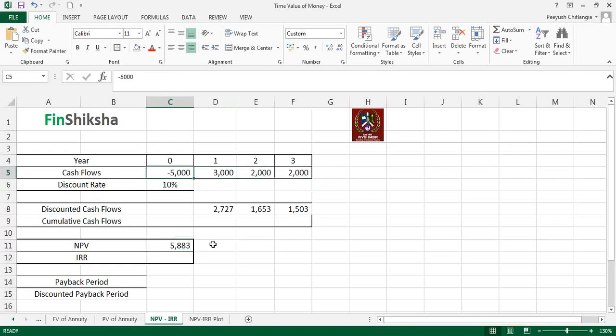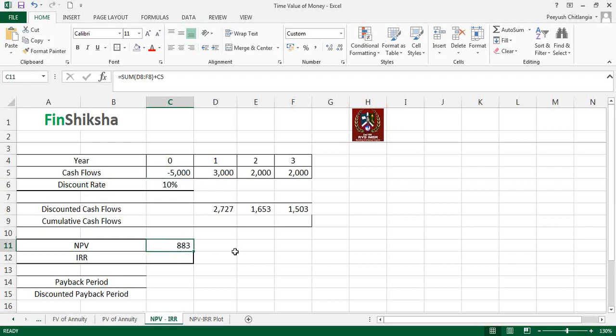We have not taken the present value of the cash outflow. So to get that, we'll have to add this minus 5,000 as well. 883, which means if we take this project, there is a positive non-zero value that is generated for the company. You pay 5,000 and you get 5,883.